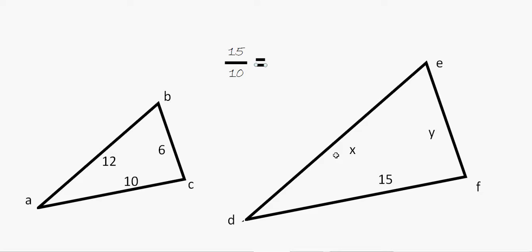So I'll look at my new side. I'm going to look at side X first. So I'll take X and compare it to side 12, because X is across from F, which we saw is the same as C. 12 is across from C. So I will put X over 12.